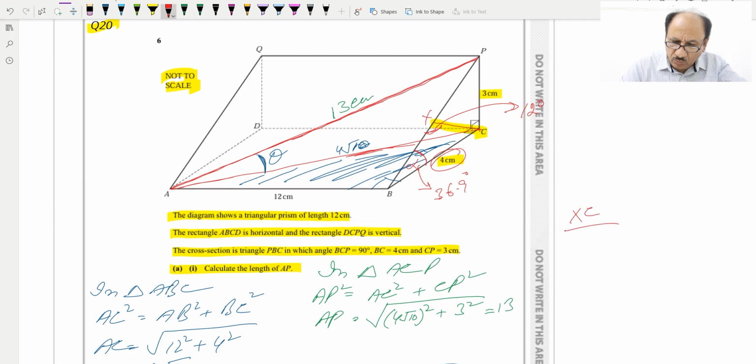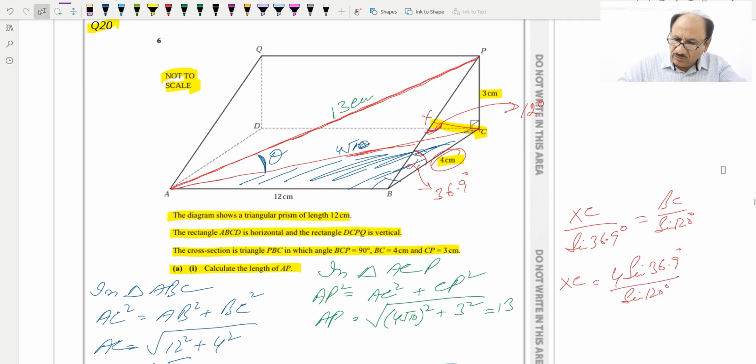So XC over sine of 36.9 degrees is equal to BC over the opposite angle, which is this angle of 120 degrees, so sine of 120 degrees. And the BC value we already have, which is 4. So we can write XC is equal to 4 sine of 36.9 degrees divided by sine of 120 degrees.